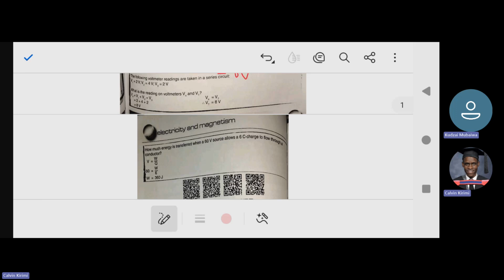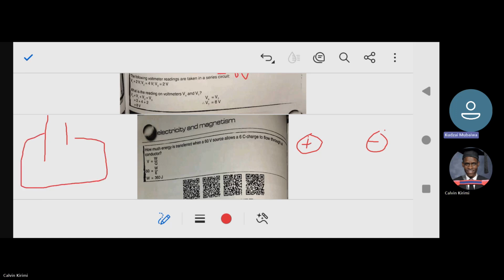All right. And also the thing which you must know, for point charges, coulombs, we said the field lines for positive, negative. If it was a battery, it would be a long line for positive and a short line for negative. Electricity always moves from positive towards the negative terminal.